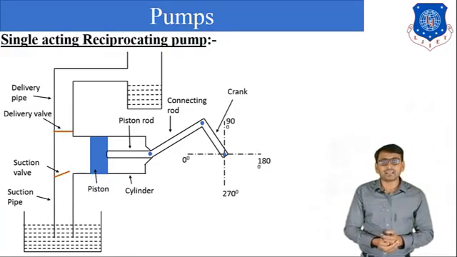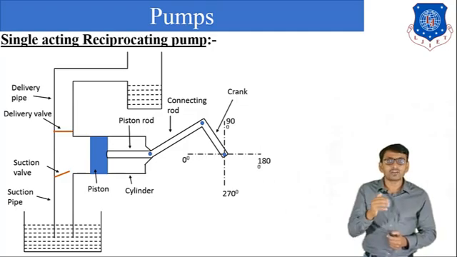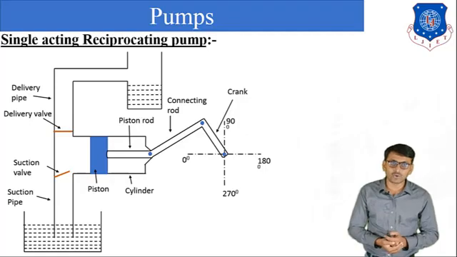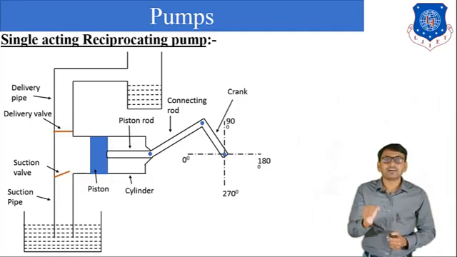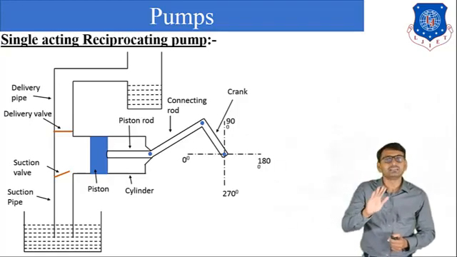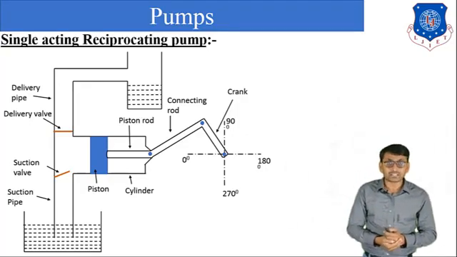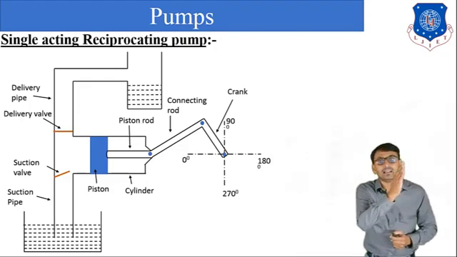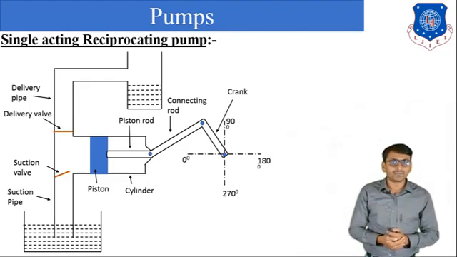Now second one, that is delivery stroke or discharge stroke. So during second stroke, crank rotates from 180 to 360 or 0 degree. The piston moves to the left side in the cylinder.